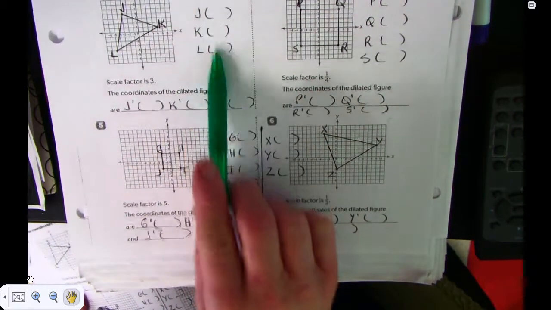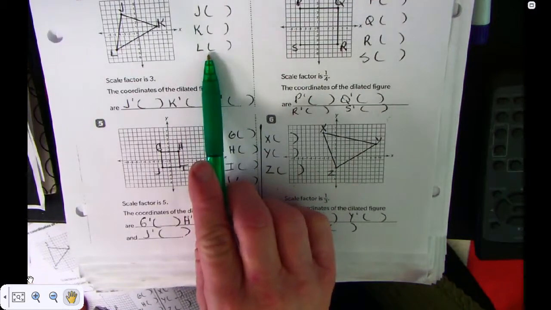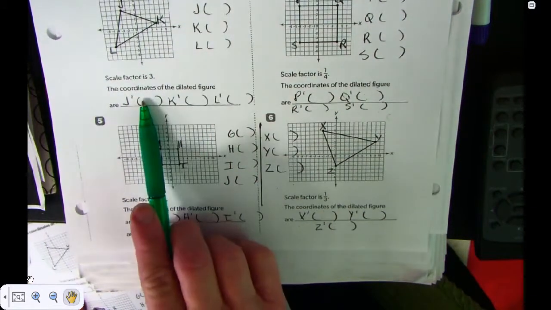I labeled and I put your JKL. You're going to put those coordinates and then scale factor 3. On 3, 4, 5, and 6, you do not have to graph. On the check 11, please listen. On 1 and 2, you don't graph either.